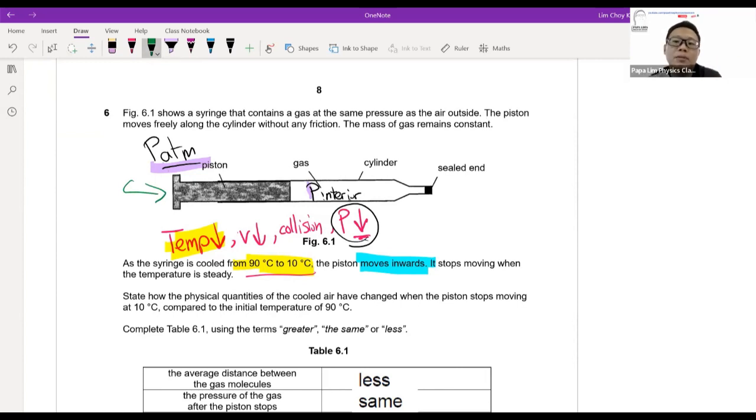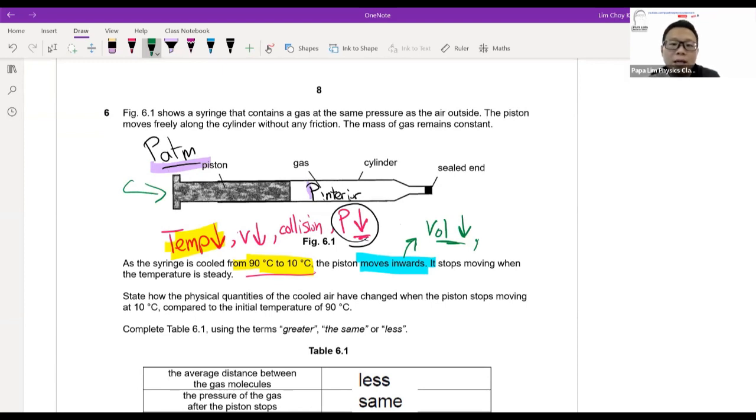This is what sets off the piston moving inwards and the volume decreasing. When the piston moves inwards, the volume available inside reduces. So with the interior pressure decreasing, the piston is pushed in, the interior volume decreases, and as a result the collisions between the particles increase.